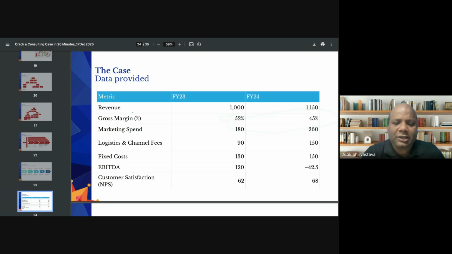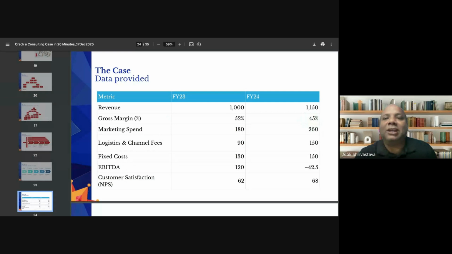Your gross margin is quantity into price minus cost of goods sold, direct cost of goods sold, right? Either your cost of goods sold has increased or your price has decreased, meaning you don't have any pricing problem.